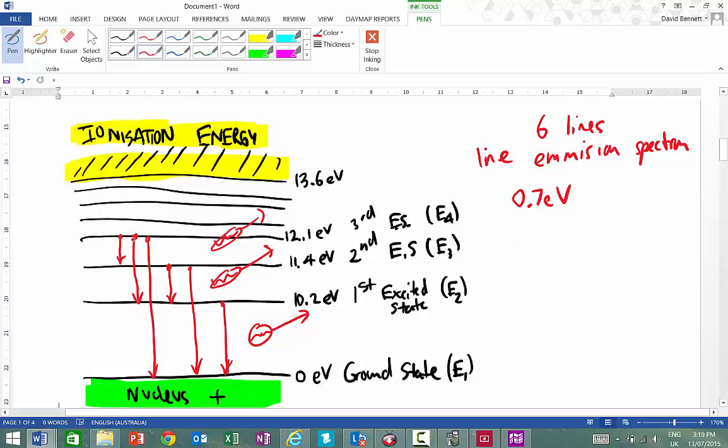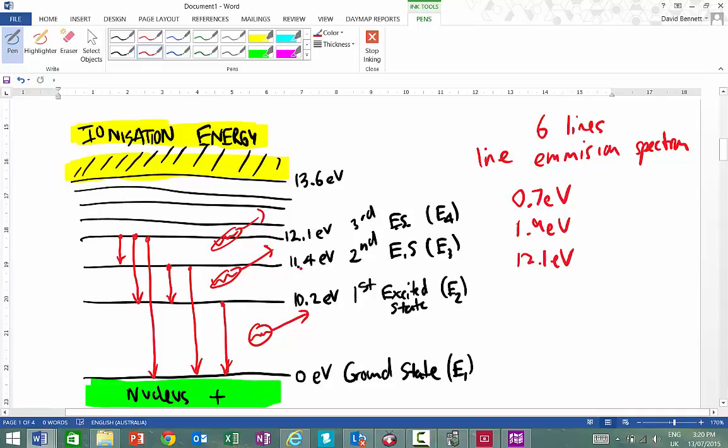It could also fall from the third excited state to the first excited state, and that will give me 1.9 electron volts. If it went from the third excited state to the ground state, that would give off 12.1 electron volts.